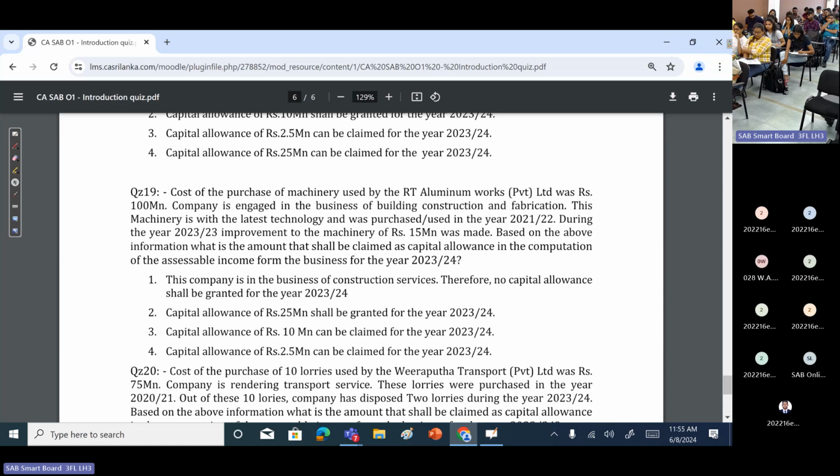That means written down value as of the end of 21-22. That is 80. On that, how much they can claim? 20%. So they can claim entirely, right? So there is no amount added to the depreciation basis. So this year also they can claim 20 million.